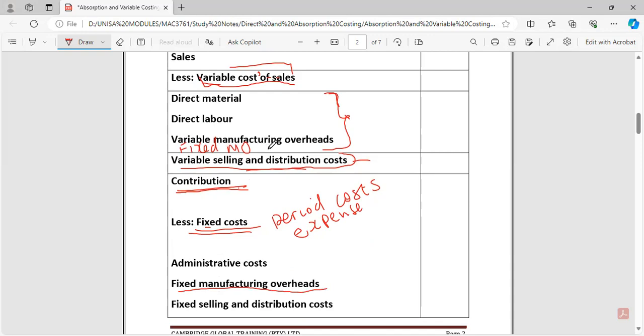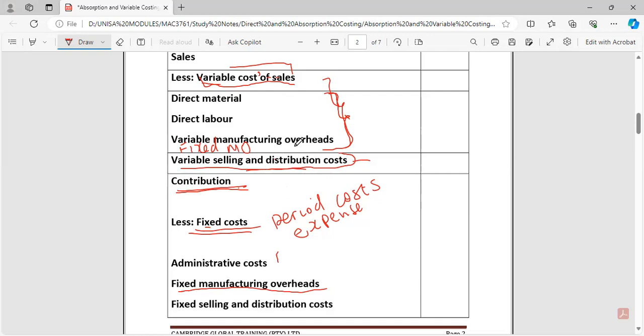And if you check now, in your variable costing they only include the variables and they exclude anything fixed. Anything fixed, whether it's manufacturing or not, is not going to be part of the cost here. But when you are doing your absorption costing, this one will go up and this one will go down.